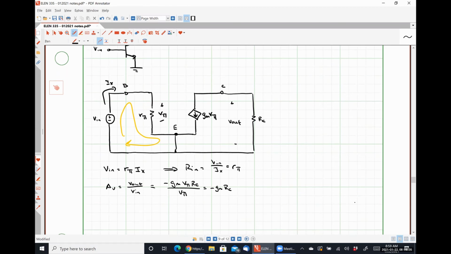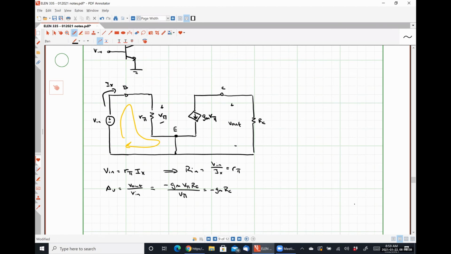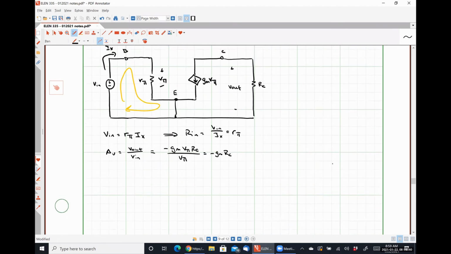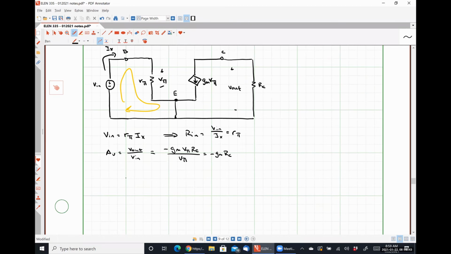Our output resistance, I would get by, I'll draw a new small signal model here real quick. Our base, collector, emitter.